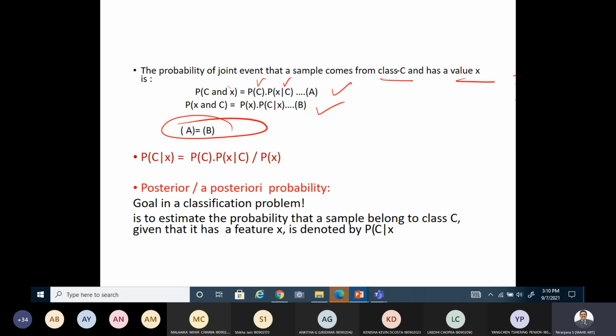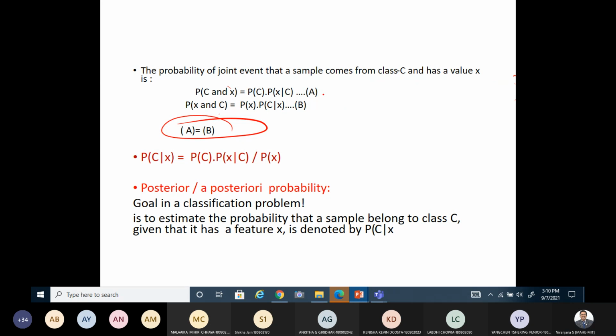There is a rule in probability theory, from which we expressed it: probability of C and probability of X given C. That is how you express this, from the multiplication rule. So when you have the probability of X and C rather than C and X, what is the difference you find when you expand it? That is what's shown as B.